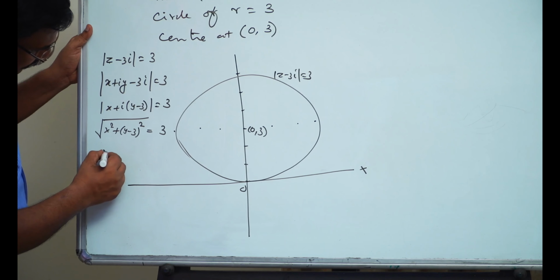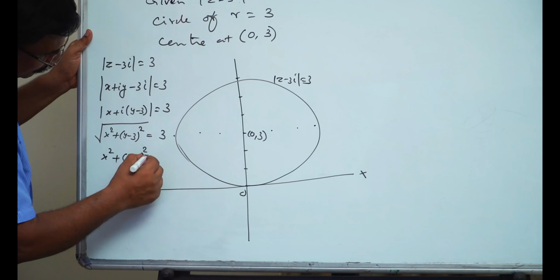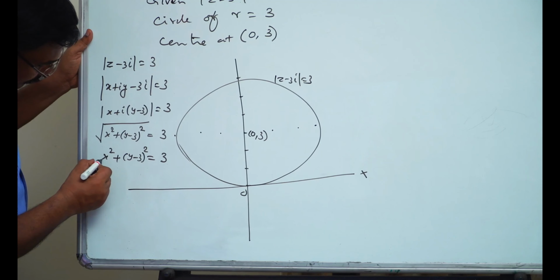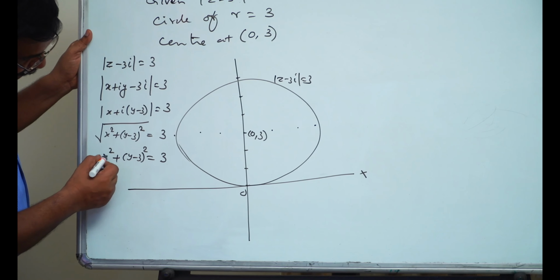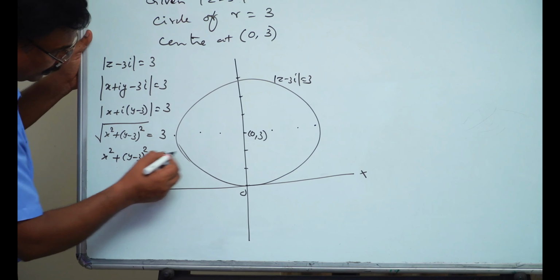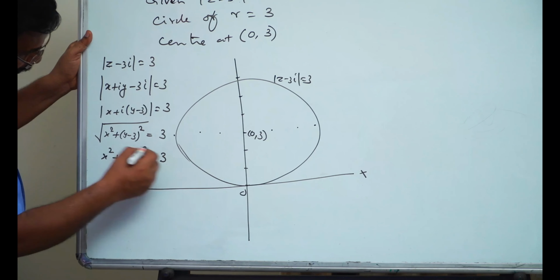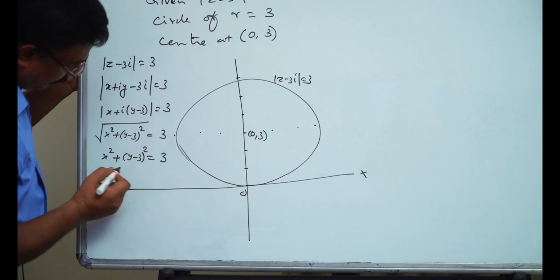Squaring both the sides, we get x square plus y minus 3 whole square equal to 3 square. Now here no term with factor x minus 0, so x is 0. Y minus 3, y equal to 3. So this is a confirmation for this one, and I am going to extend for the transformation.